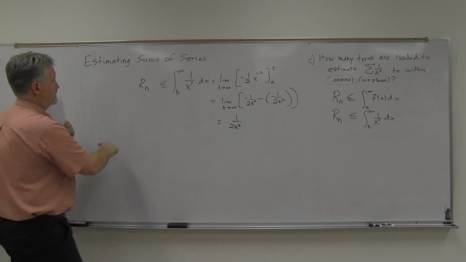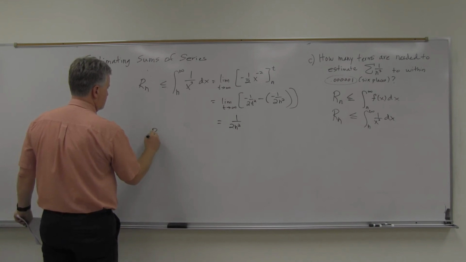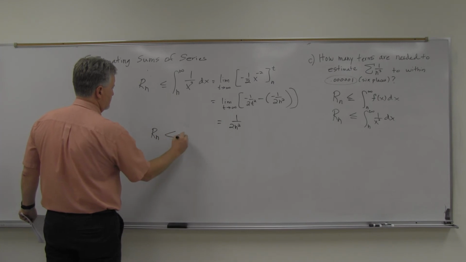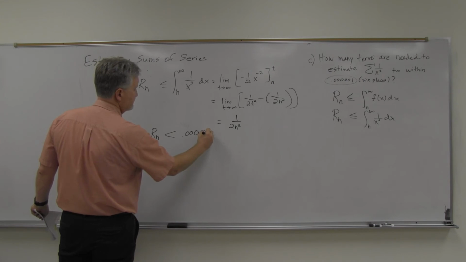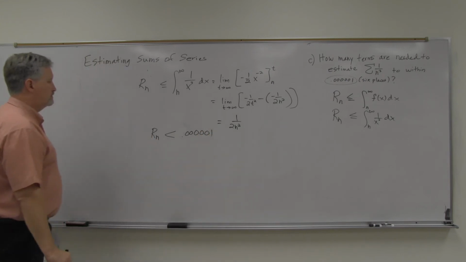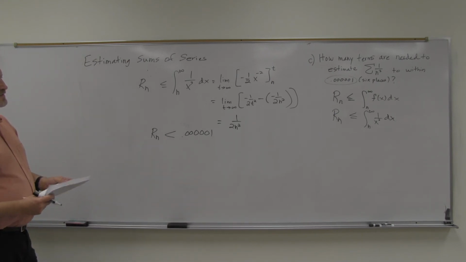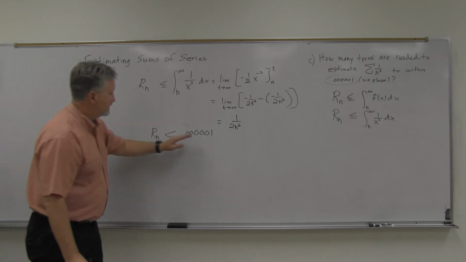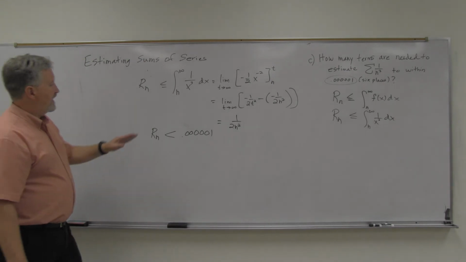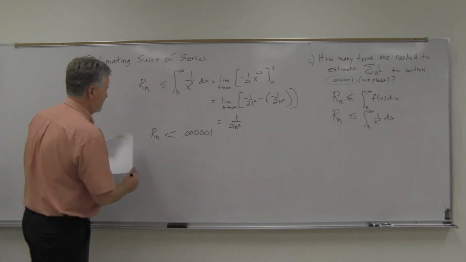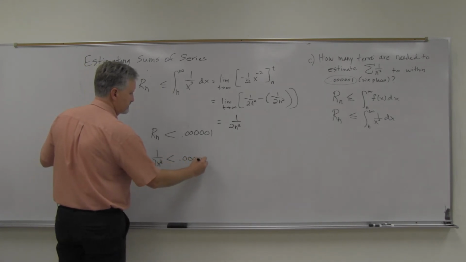I want the r sub n less than 0.0001. Yeah, this is what I want. I shouldn't have put that 0.001 in there just quite yet, because I want the r sub n within this small amount. So now I know 1 over 2n squared, I want that to be less than or equal to 0.0001.